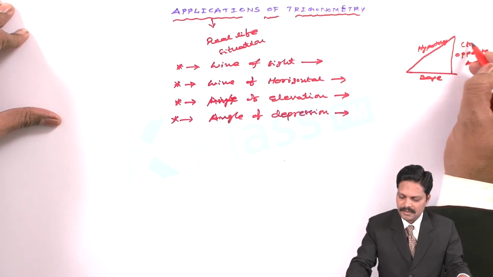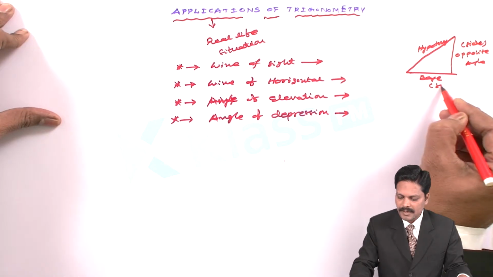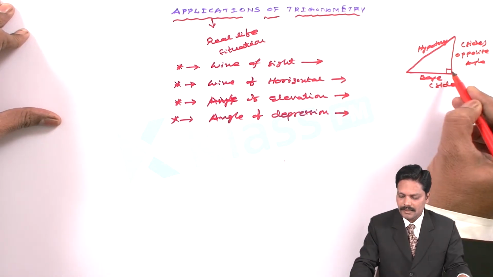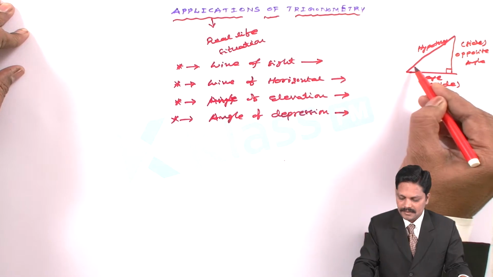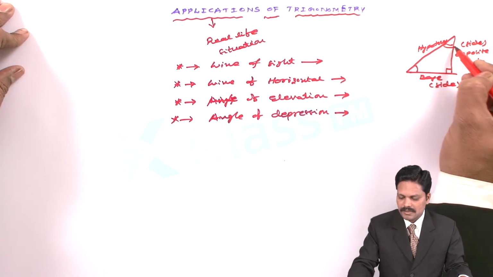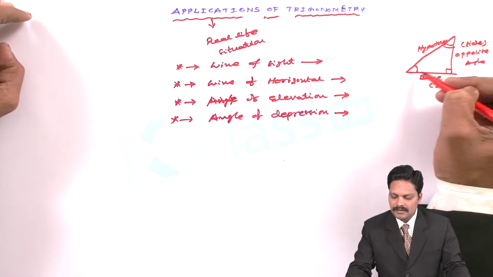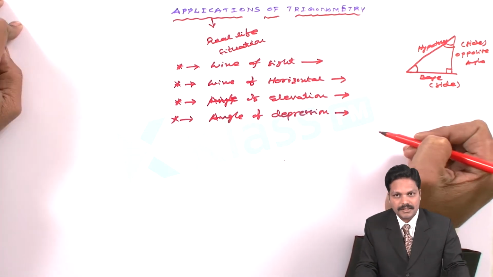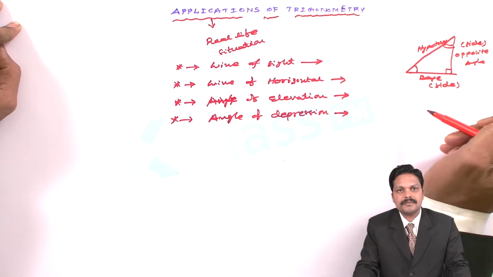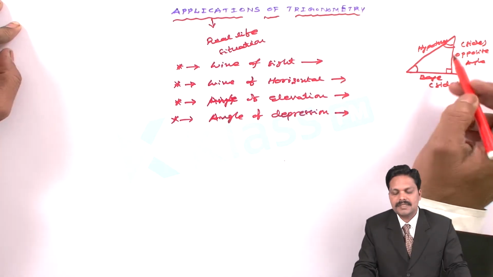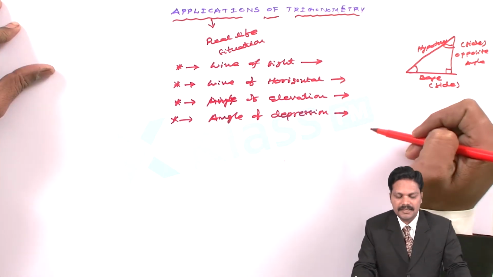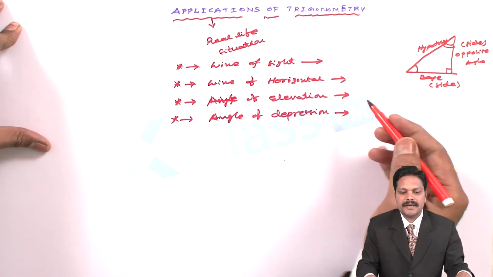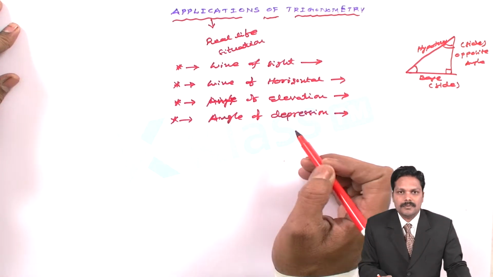The angle is 90 degrees, and the other two angles should always be acute, as discussed in trigonometry. Using these angles and this right angle triangle, we can identify the particular distances and angles of the objects.